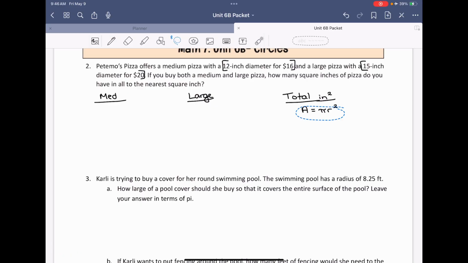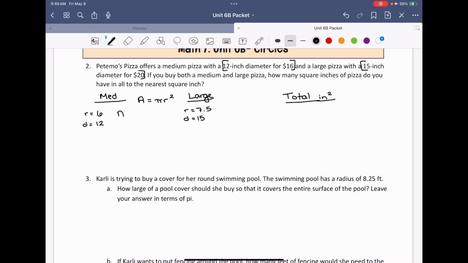I want to put this over here though. The medium pizza has a diameter of 12, which means that the radius is 6. The large pizza has a diameter of 15, which means that the radius is 7.5. I'm going to plug that into my formula. Area equals pi times 6 squared. So I've got 36 pi.